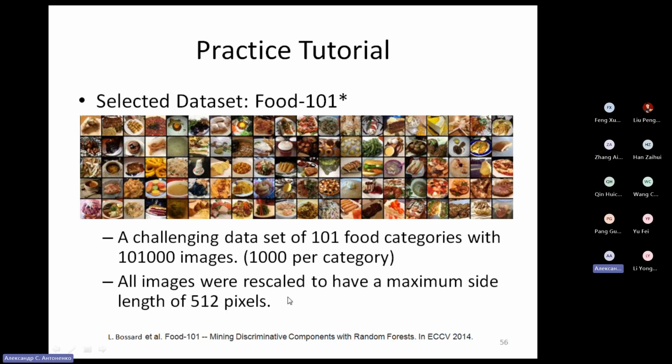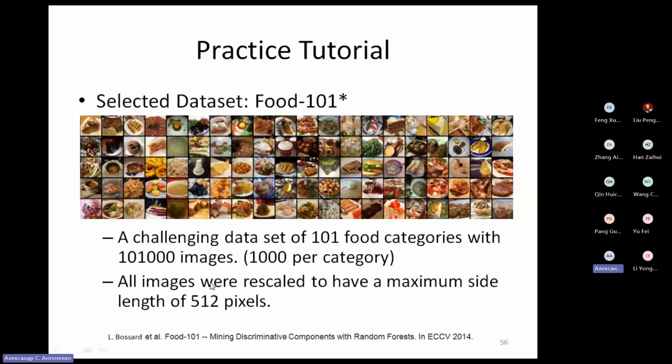Okay, I'm not sure we should move fast, but let's see. It's not my task. I don't remember whose these slides originally are, but the author of these slides provides a data set, food, 101 food categories with 1000 images per category.